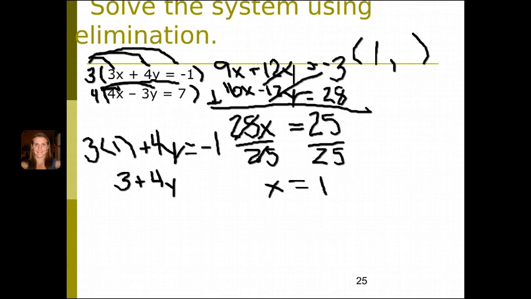To solve for y, the first thing we're going to do is subtract 3. This will eliminate the 3's on one side. So 3 minus 3 cancel out, leaving us just 4y. And negative 1 minus 3 gives us negative 4. Now we have 4y equals negative 4, which we can solve by dividing by 4.